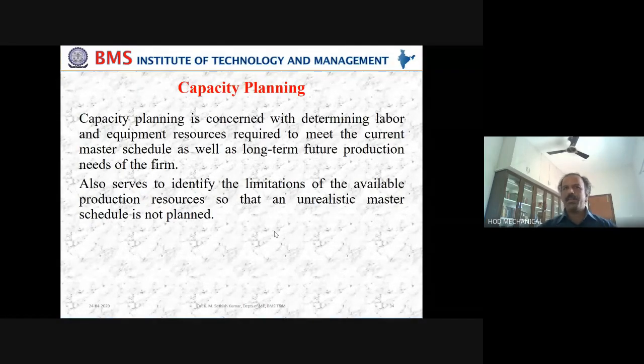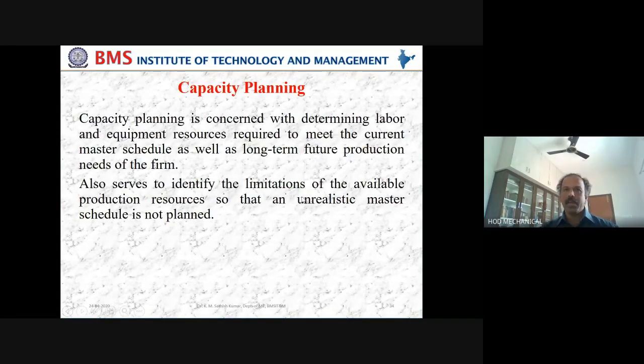So MRP has taken a decision to procure the raw material, and the raw material has been procured by MRP. Now what will you do with that raw material? There should be somebody or some machine required in order to process the raw material. Therefore, who is going to do that is the member called capacity planning.